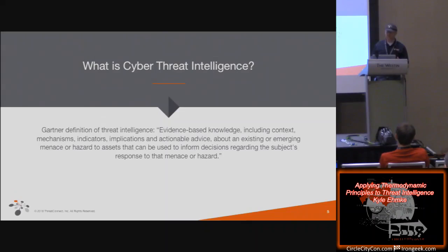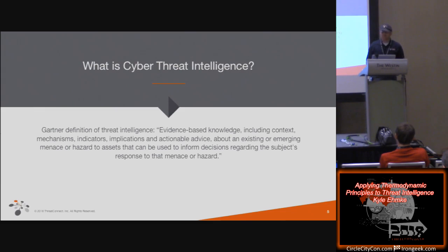So what is cyber threat intelligence? Well, Gartner has this pretty fancy and accurate description: evidence-based knowledge including context, mechanisms, indicators, implications, and actionable advice about an existing or emerging menace or hazard to assets that can be used to inform decisions regarding the subject's response to that menace or hazard.